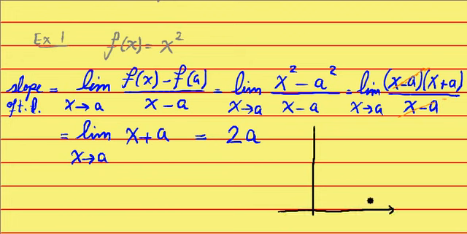So it was quick. Here's our parabola. We have picked some point, call it a. Suppose this is my a. The question we are posing is, what is the slope of the tangent line here?